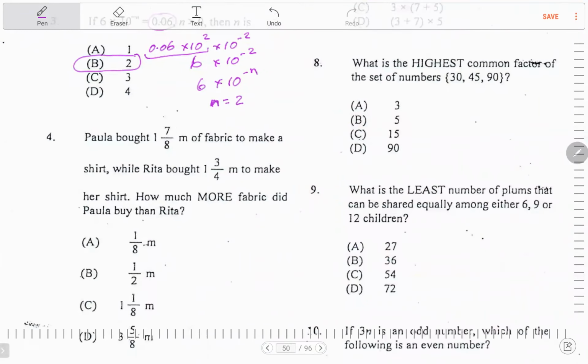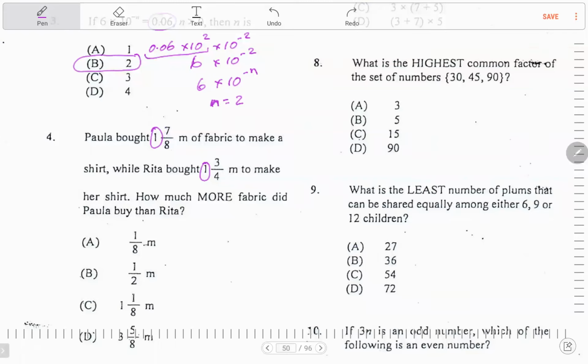So Paula bought 1 7/8 of material, and she needs 1/8 more to make 2 of fabric to make a shirt, while Rita bought 1 3/4 to make a skirt. How much more fabric did Paula buy? So what you want to do is make these two with the same denominator. Because the two of them bought 1 each, it's really the 7/8 and the 3/4 we're comparing.